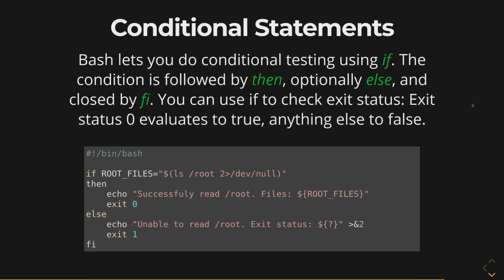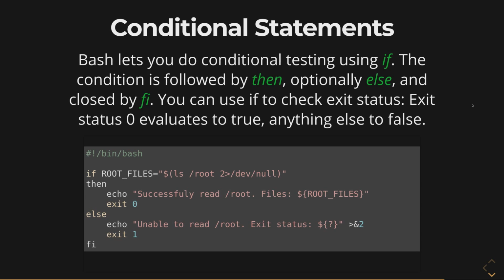If you provide if before an invocation of a program, it'll run that program and it will look at the exit status. If the exit status was 0, which is what it should be if there is no problem, it will execute the then clause.